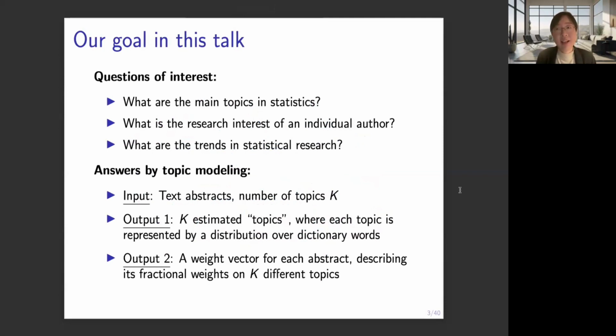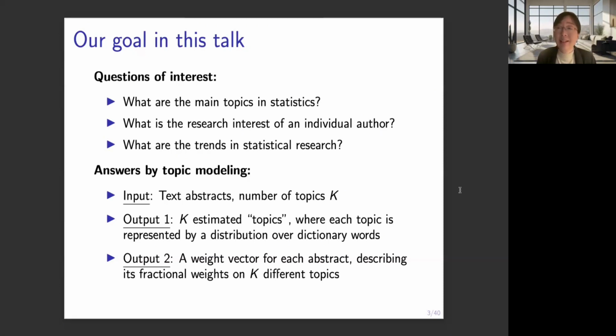I believe everyone has their own answer, but I want to get an objective and data-driven answer by doing topic modeling. A high-level idea of topic modeling is as follows. I input the text abstracts and specify the number of topics, say K. Then the algorithm will output the following.